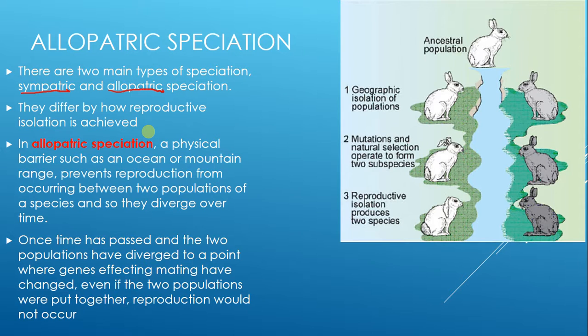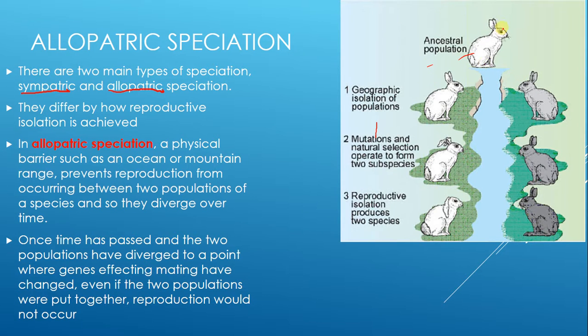Why does that need to occur? Well, so that any traits or novel genes that develop in one population don't flow in between, so no gene flow is happening. So physical barriers are present.